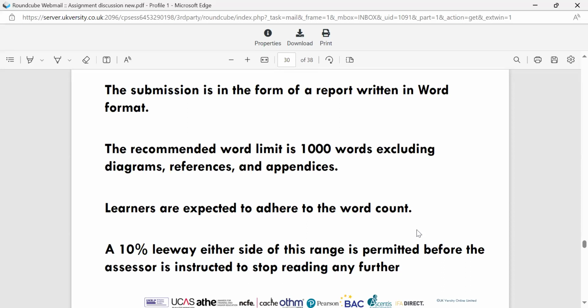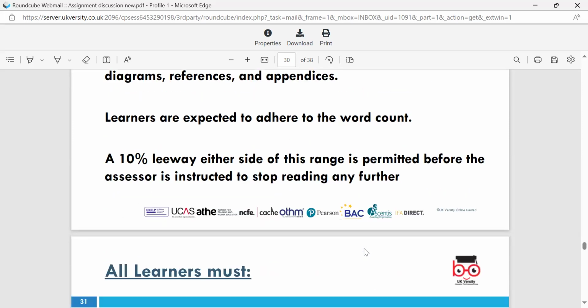If you do anything over, the assessor will stop reading any further and will not mark anything that's over the word count. So you need to make sure you are adhering to the word count expected of you. For each task, the word count, as we've gone through, is 1,000 words. For the overall assignment brief, it's 1,000 words.